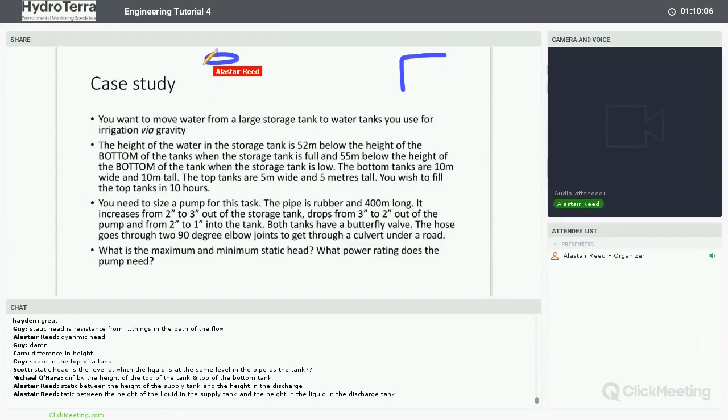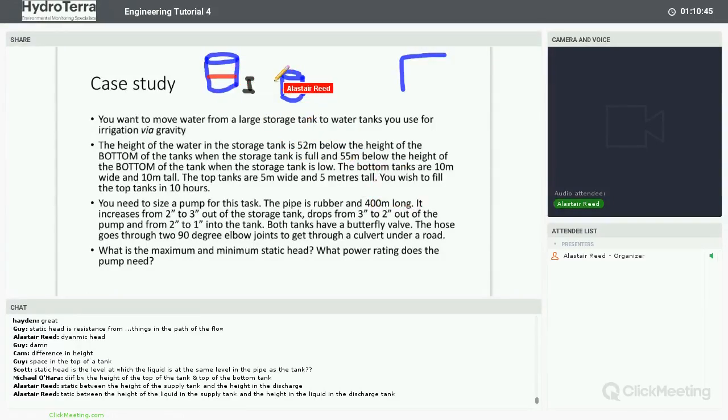So if I did a really crappy example here, red being the height of the liquid, the static head is actually just this distance here.